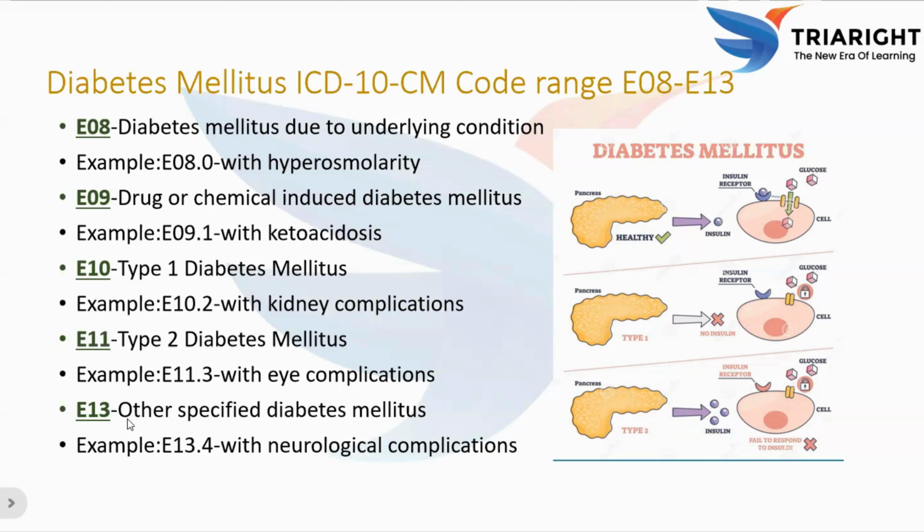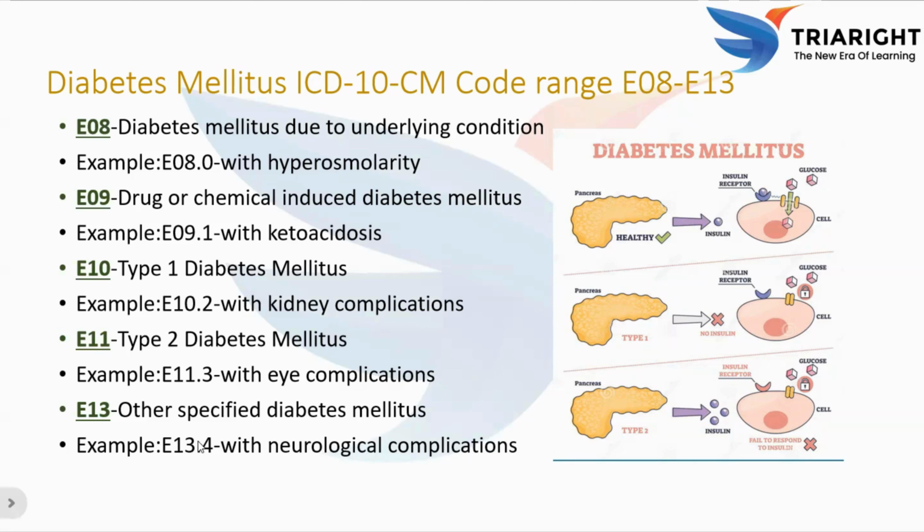Next, coming to code E13, which means other specified diabetes mellitus. What does this code range include? It covers rare or secondary types of diabetes which are not classified elsewhere. For example, E13.4. What is the E13.4 code? Diabetes with neurological complications.